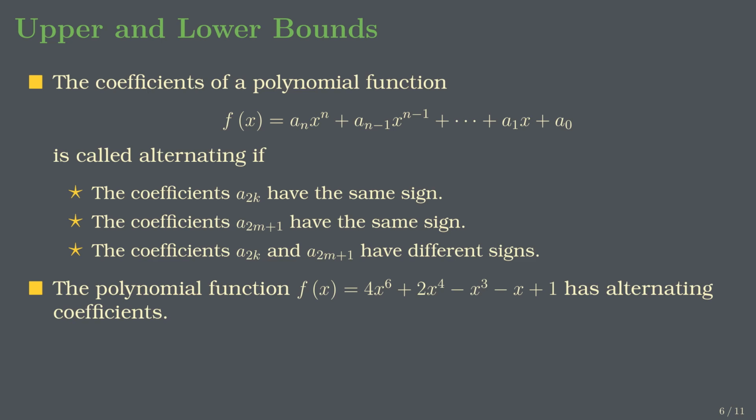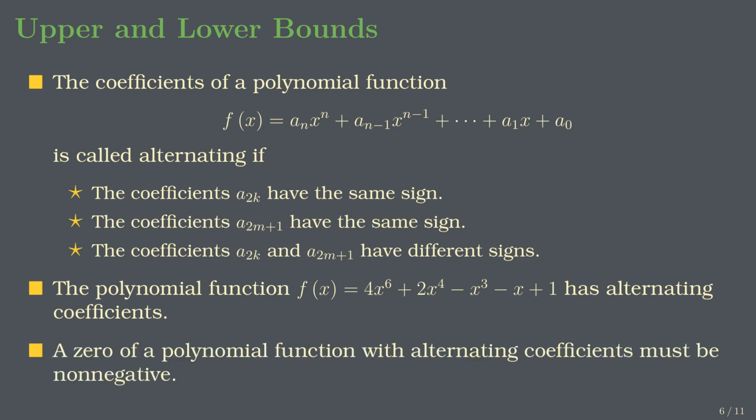A zero of a polynomial function with alternating coefficients must be non-negative. This can be argued similarly to the situation of the polynomial function x cubed minus x squared plus x minus 1, as we've seen before.